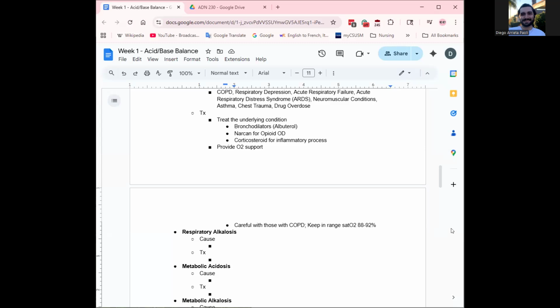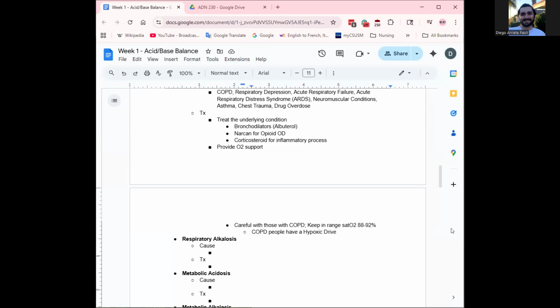So I'll write it down here. Keep it in range. COPD have a hypoxic drive. So just for a re-explanation on what that is. When you and I breathe, we have that feeling that we need to breathe not because we're low on O2, but because your body wants to get rid of carbon dioxide.